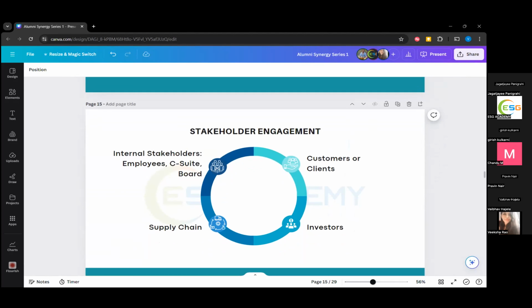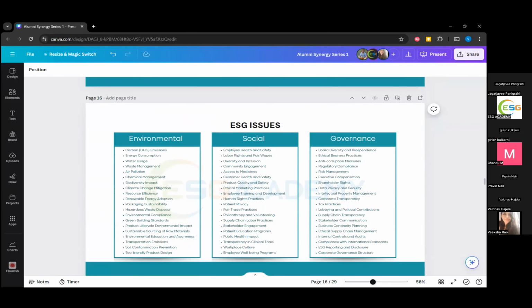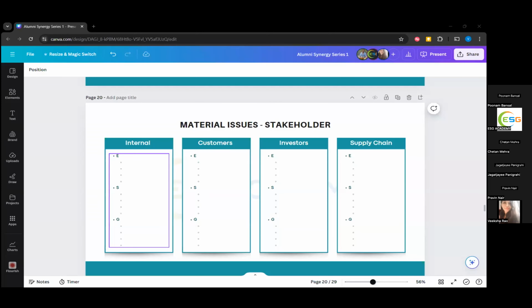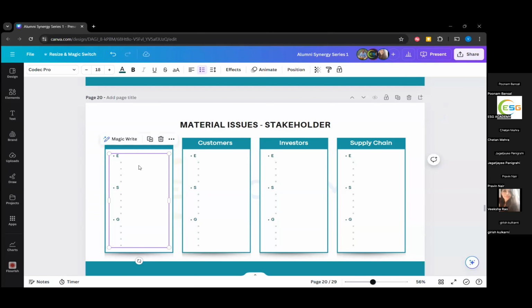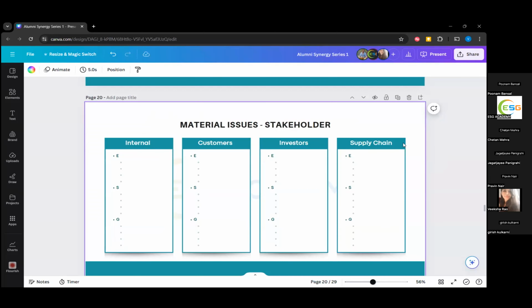That is internal stakeholders, that could be employees, the C-suite, the board, the decision-making bodies, and supply chain, investors, and customers or clients. So the activity here would be, I have benchmarked from 4 different companies and brought in around 60 topics for you, which are ESG issues, 20 each in E, S, and G. So let's just have a discussion here itself and list out material issues with respect to internal stakeholders, customers, investors, and supply chain.